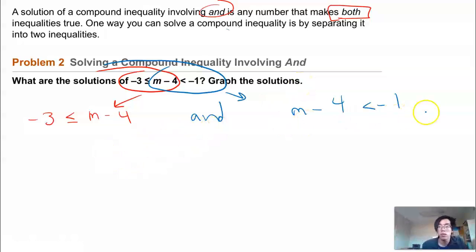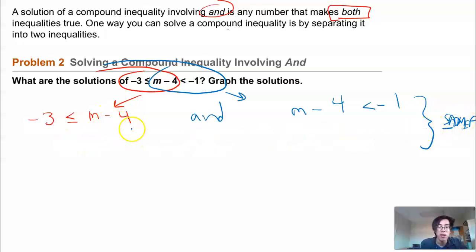So once again, to isolate the variable, I'm going to use SADMEP. I need to cancel out subtraction and addition first.